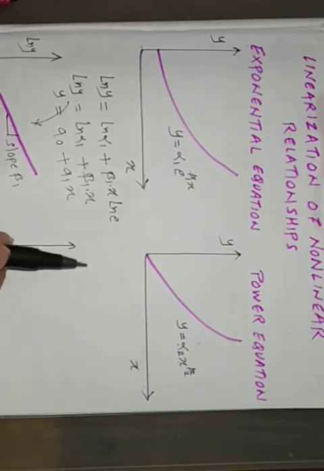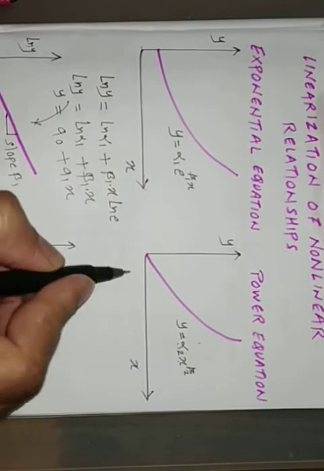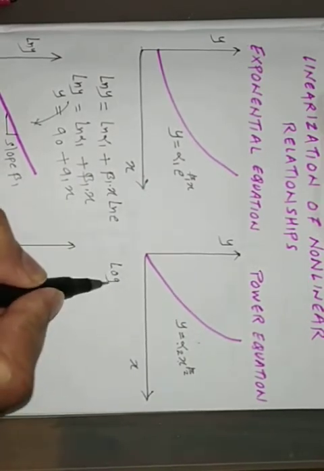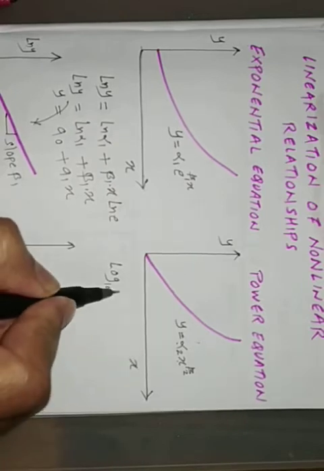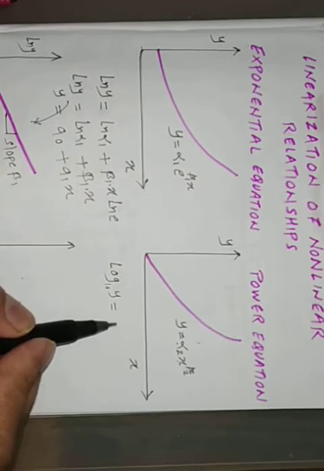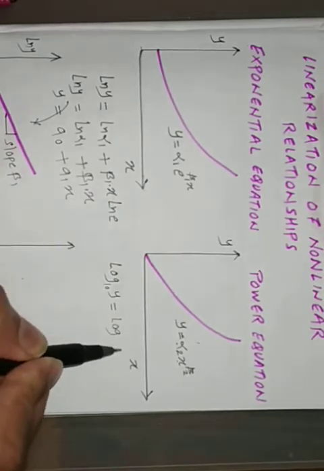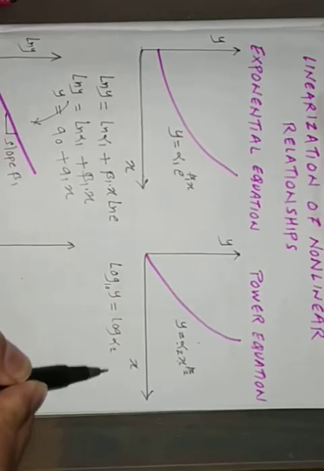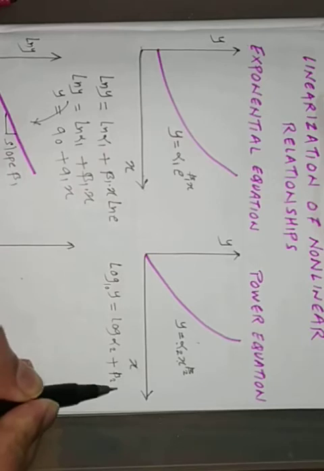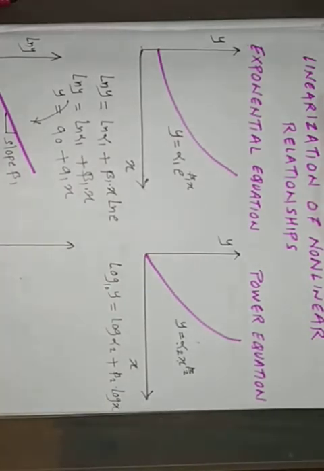So here we will take log to the base 10 to this equation. So what will happen? Log to the base 10 of y will be equal to, yes, log again to the base 10 alpha 2 plus beta 2 into log of x.